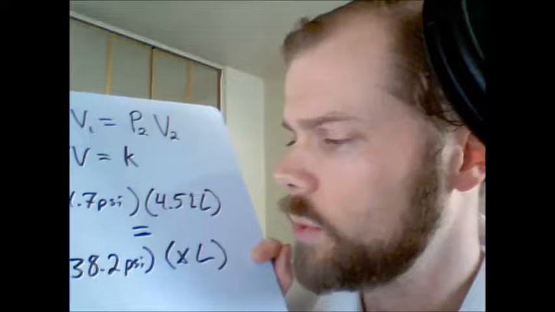So what we're going to do is the opposite of what's being done here. What's being done here is multiplication. Okay. So what's the opposite of multiplication? If you guessed division, you were right.